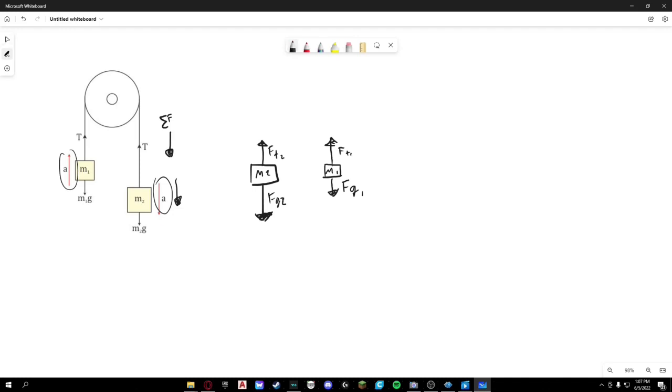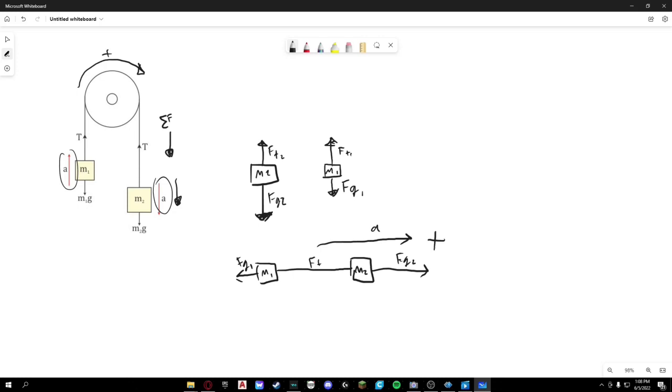Now, it seems a little weird, but technically, mass 1 is also moving in the positive direction. Because if we set it up like this, where we have mass 1, and then we have mass 2, we can see that everything is moving in this direction. And since mass 1 is also moving in that direction, these are both moving in the positive direction.